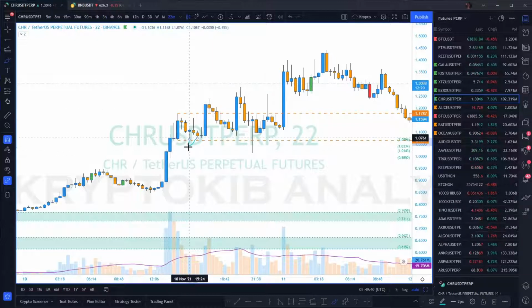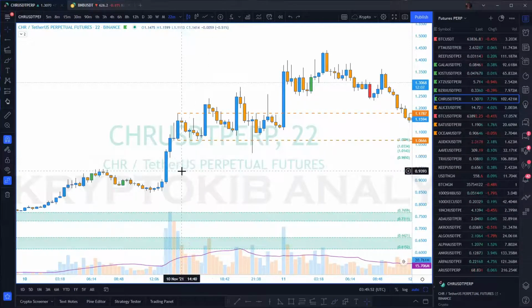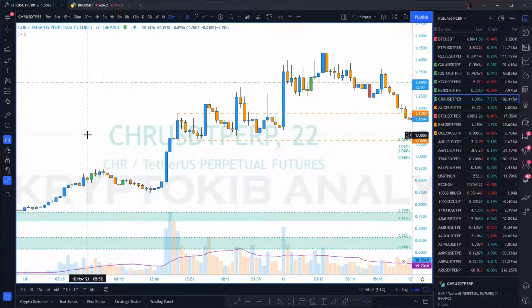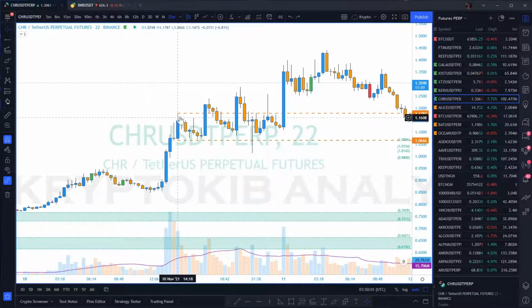But then it means we already had a pullback. Some people want to see two candle closes below a low to validate that we have a top. What I'm saying is also valid for swings, because the same way we validate two candles is the same way we validate swings. This swing from this point to this point is acting now like one candle.